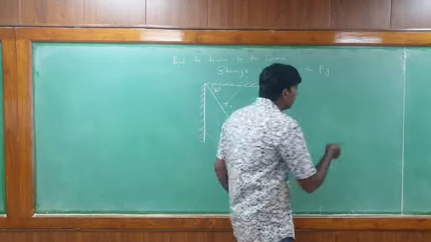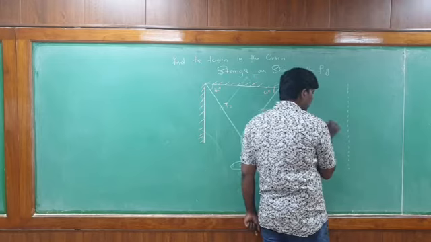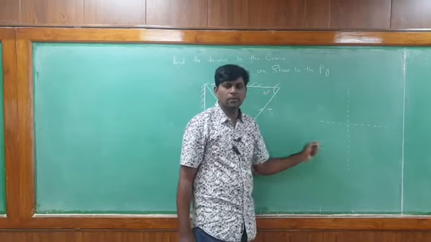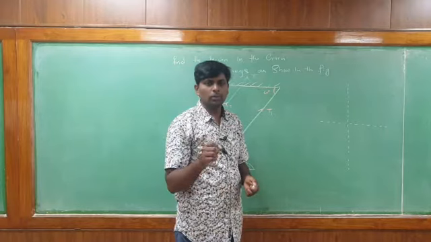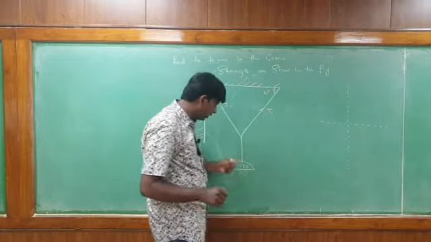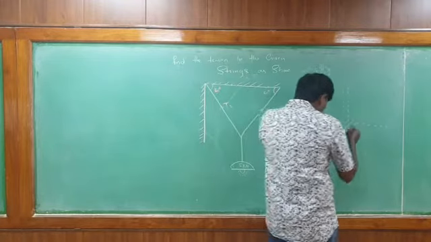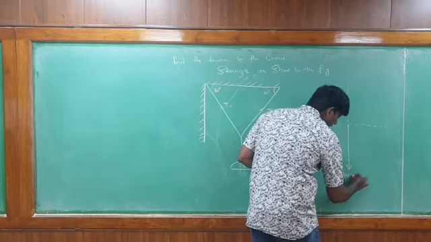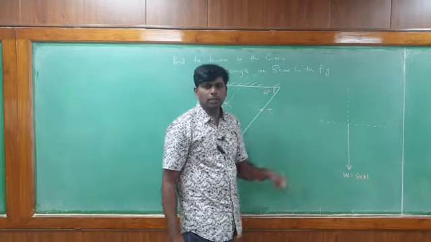For that, this is your x axis and y axis. First you have to project the load. Load is acting vertically downward, 5 kilonewton.